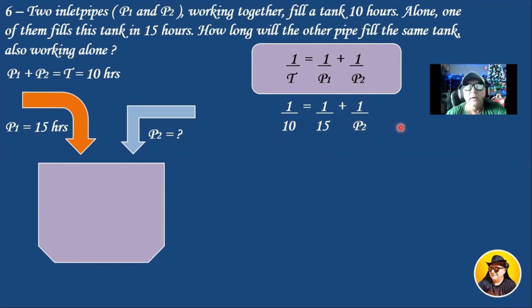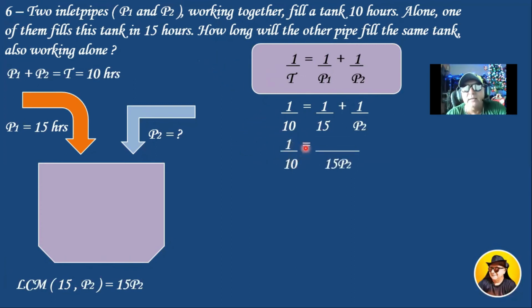So, let's calculate the LCM of 15 and P2. Well, this is algebra, so I can. The LCM of 15 and P2 is 15 P2, okay? So let's replace right there. See, I have 1 over 10, and this is 15 P2.